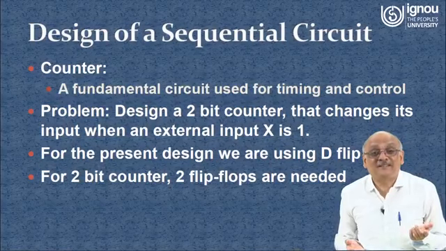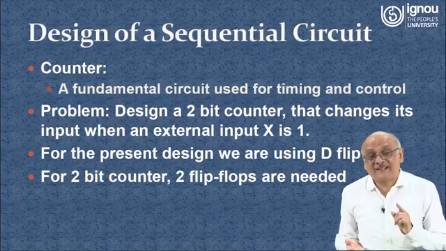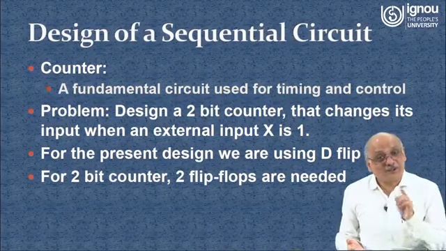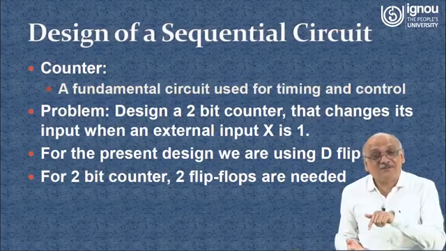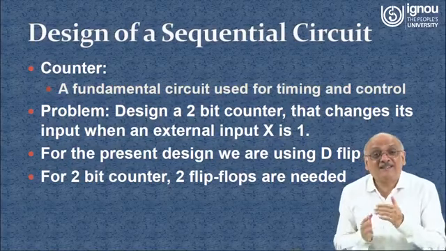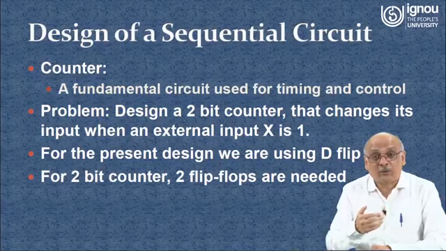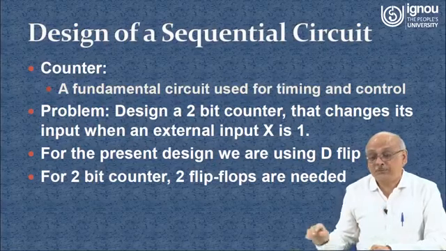If the counter is in state 1, step 1 is performed. When the counter is in state 2, the second step is performed. When the counter is in state 3, the next step is performed. This is how sequential circuits are very important, and timing and control is what is produced by these sequential circuits.